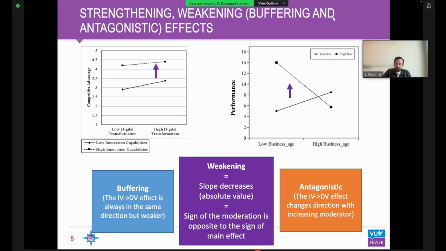The sign of the moderation is opposite to the sign of the main effect. This is buffering, because in both cases we see the same sign slope. Increasing digital transformation increases competitive advantage in both cases, but the strength of this increase is higher when you have a low innovative capability.